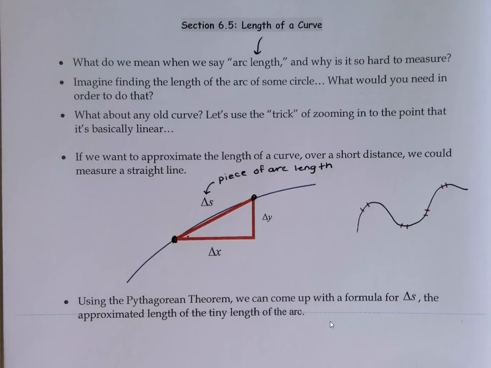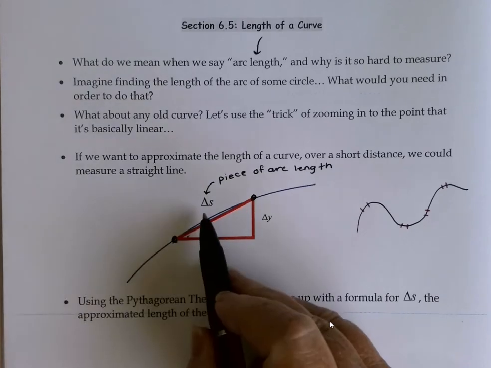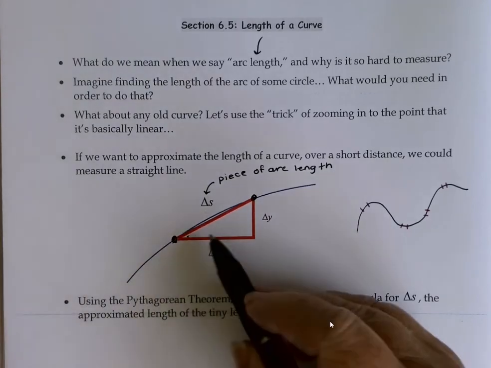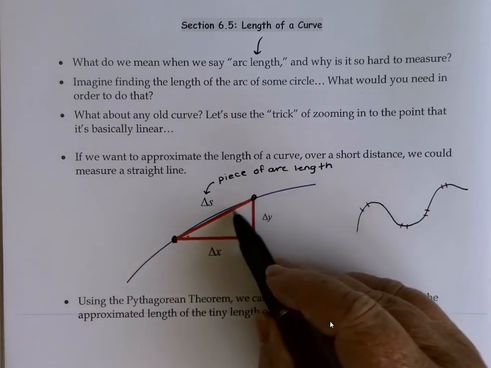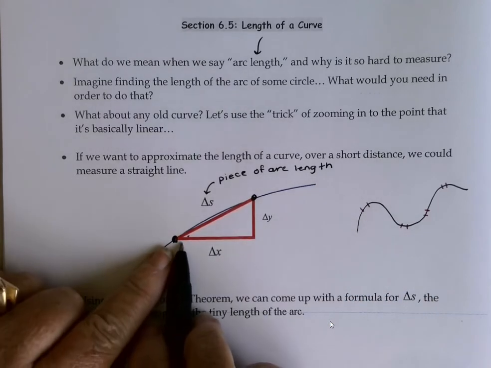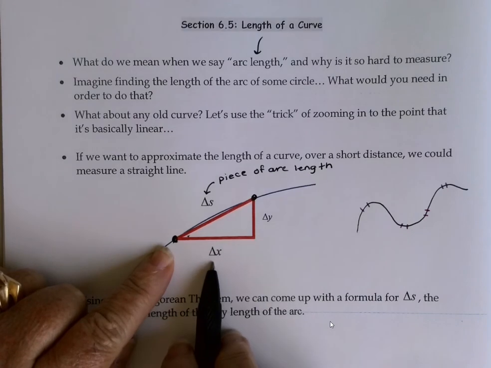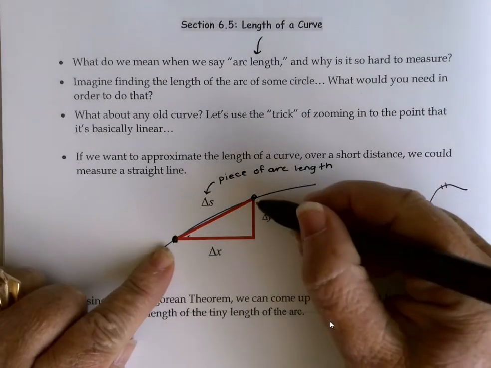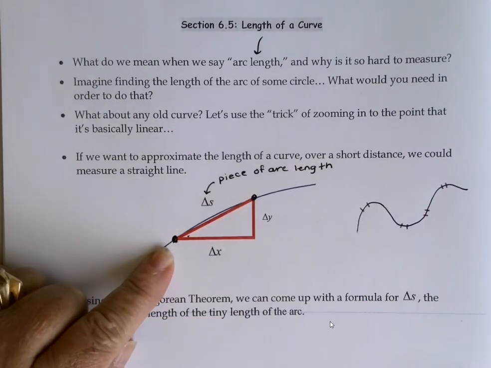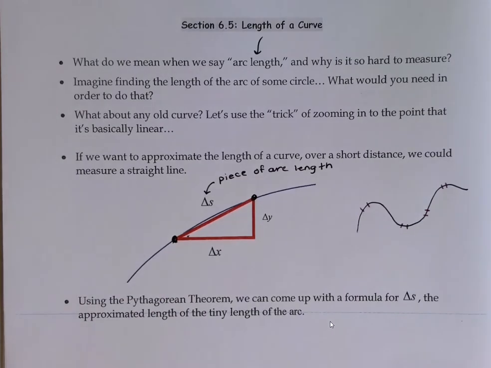Eventually, we'll use our standard trick of shrinking everything down infinitesimally small, so the approximation will become exact. My delta s, my little piece of arc length, approximated by this hypotenuse, is supported by a little piece of horizontal line in the x direction. We'll call it delta x, and then a little vertical line, in the vertical direction, we'll call it delta y.